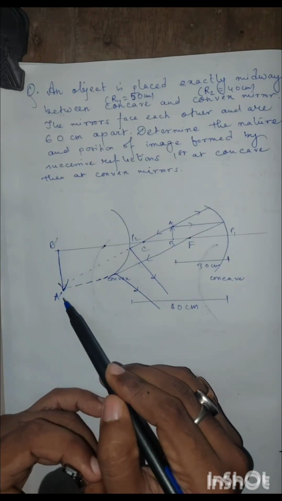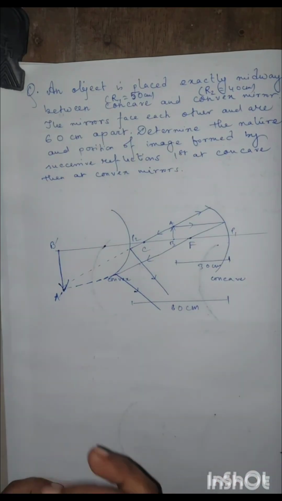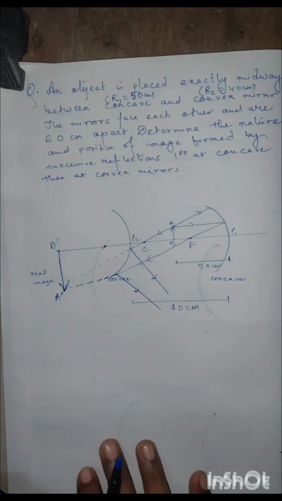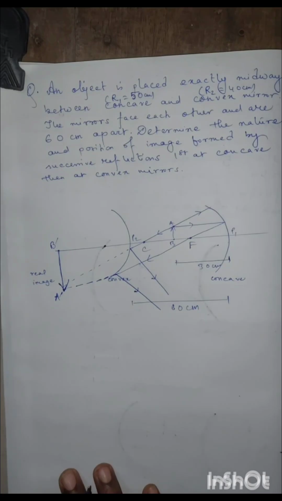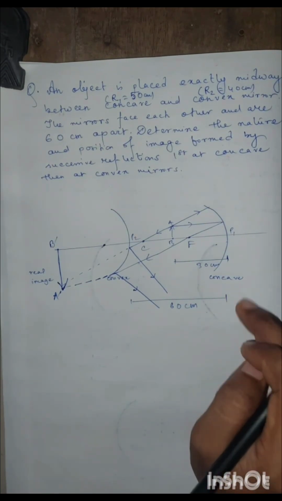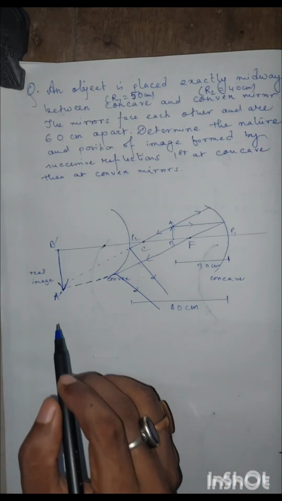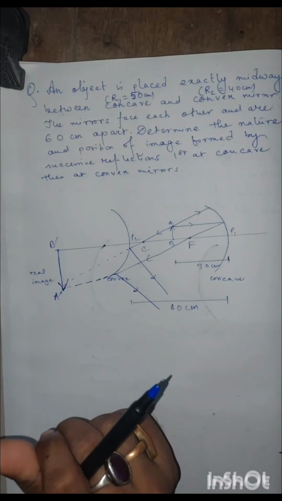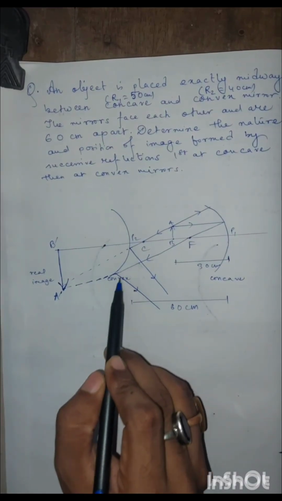And the image, that means A dashed B dashed, the real image of the object AB formed by the reflection from the concave mirror acts as a virtual object for the second mirror.